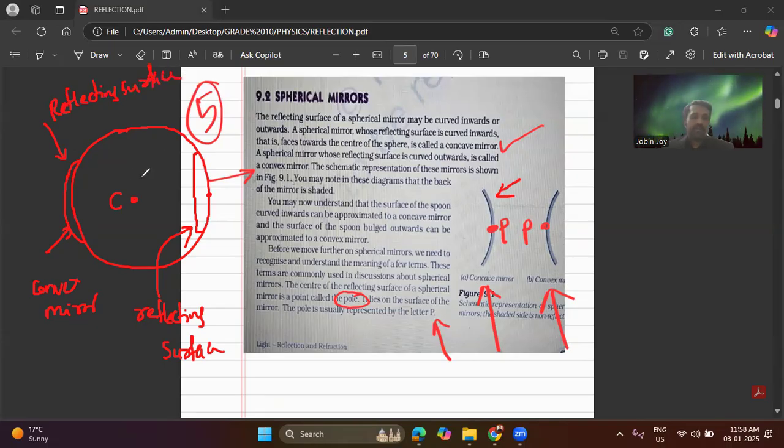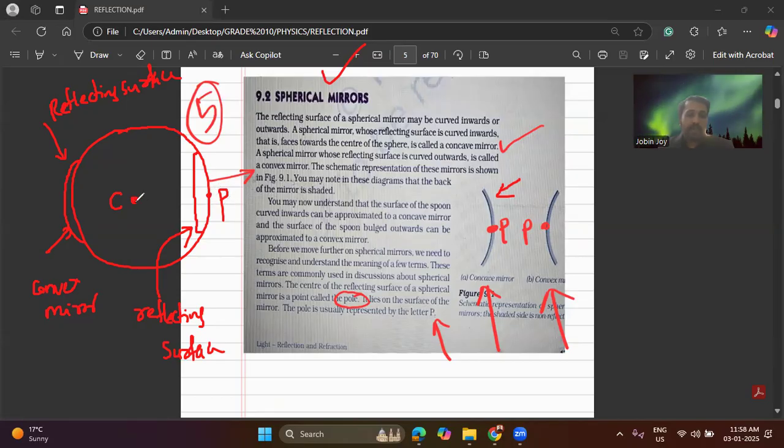Okay, so these two mirrors are a part of a sphere. That's why these are called spherical mirrors, where C is the center of the sphere, and this is called a center of curvature. And here, this is called P, and this is my mirror, and this is the center point of this mirror. This is what is called a pole.